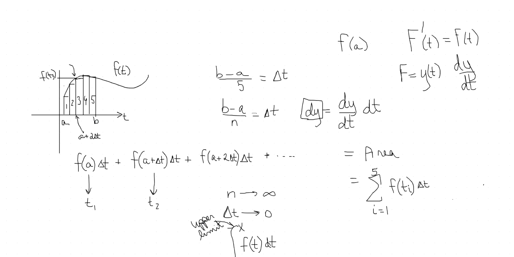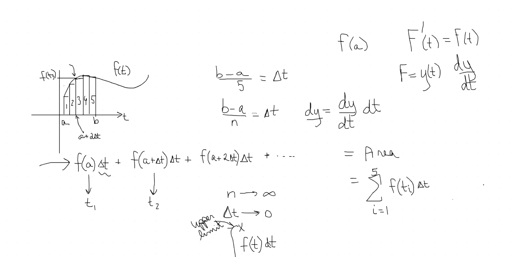If we understand this interpretation, we can look at each of these terms in this expression as a rate of change times the change in the input, delta t. That would allow each one of these terms to represent an incremental change in that capital F expression.